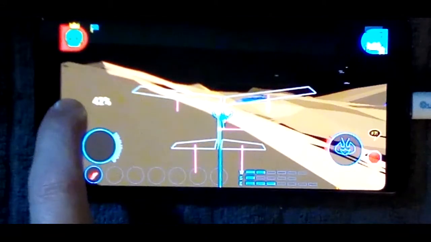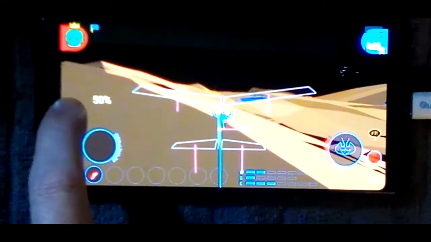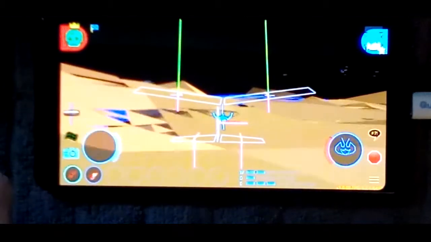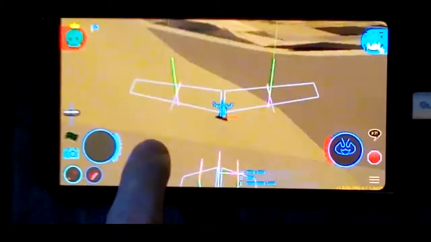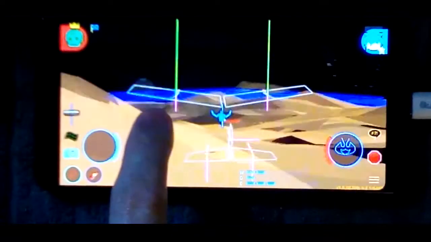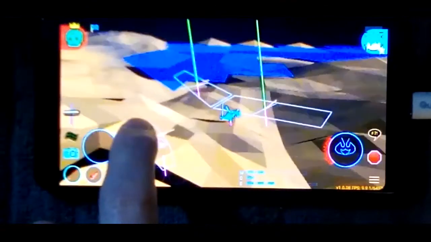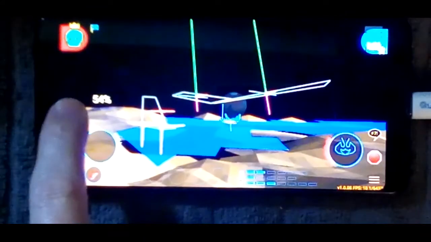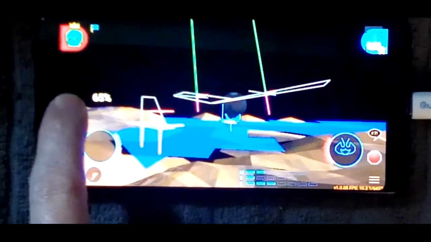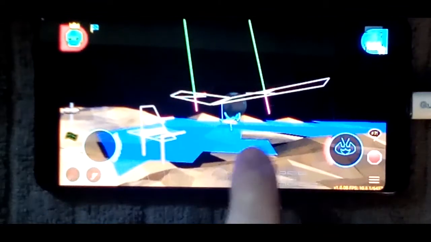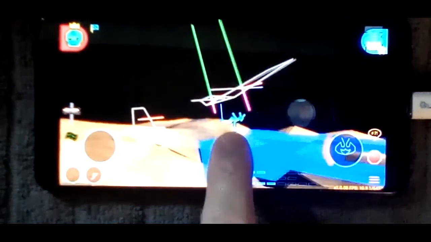Take off at 60 or so %. And we're already in the air and we're in the clear. So let's give it some more throttle. What does that do? It increased our... We pitched up a little.